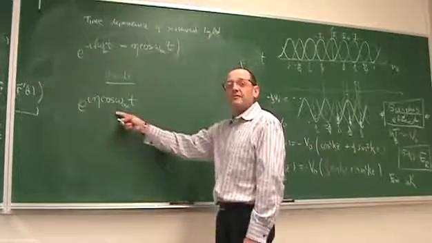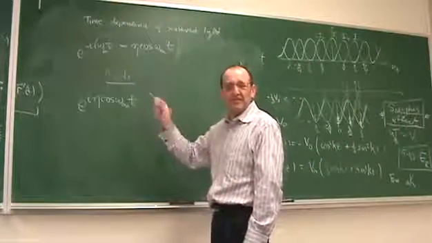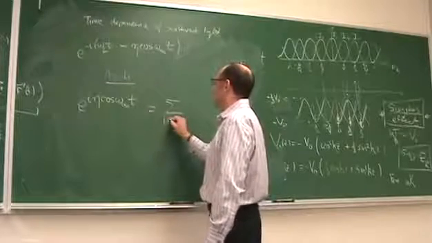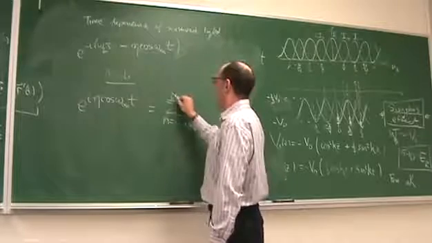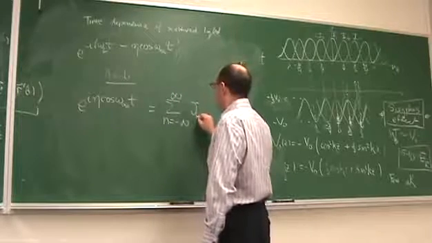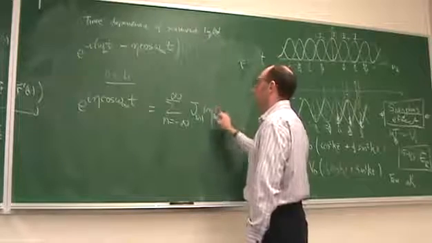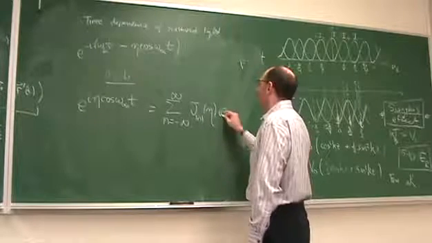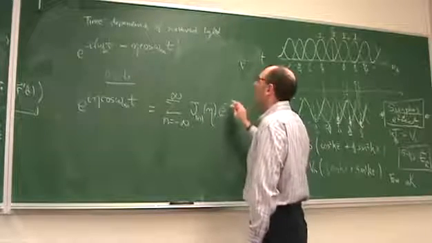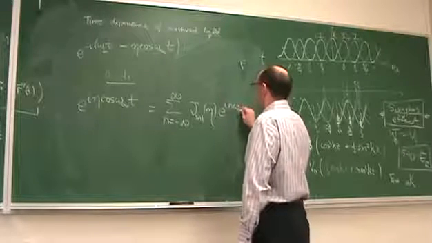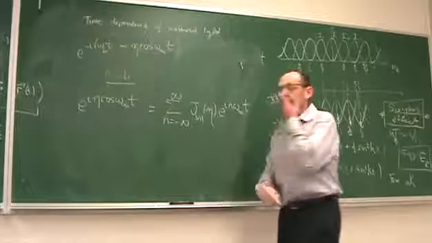You remember this one? It's got some Bessel functions in it. This is equal to the sum from n equals minus infinity to infinity of Bessel J of the absolute value of n, as a function of that amplitude eta, times e to the i n omega_osc t.